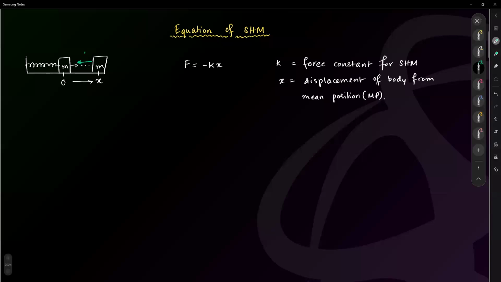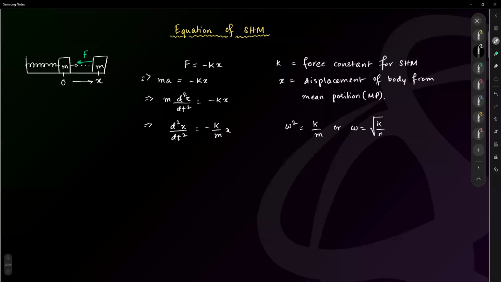Okay. Now we know that force is equal to ma, that is ma equals to minus kx. That means m into d square x dt square is equals to minus kx. Now d square x dt square is equal to minus k by m x. We say that omega square is equal to k by m, or omega equals to root over of k by m, where omega is the angular frequency.